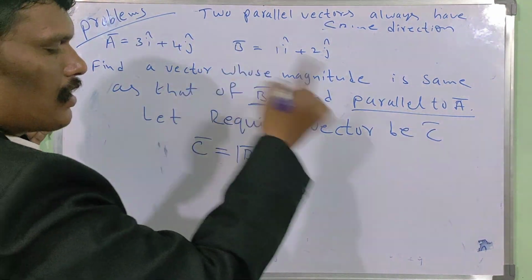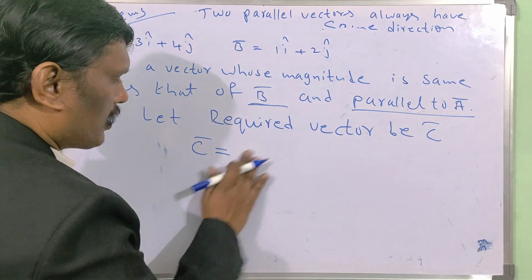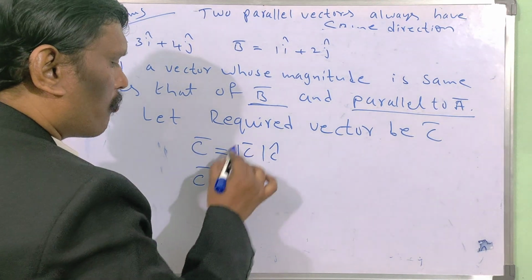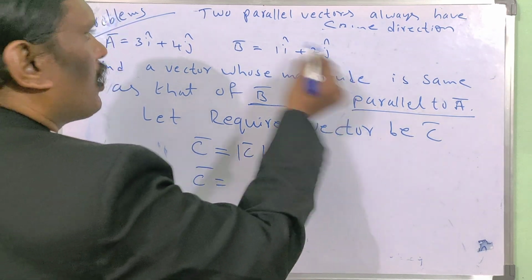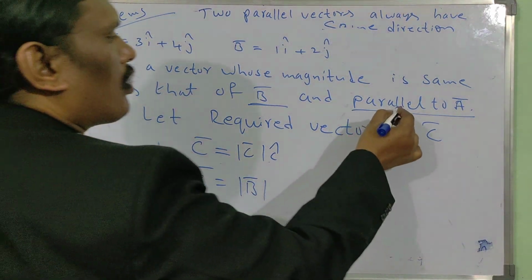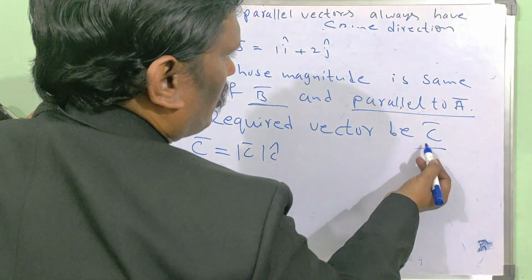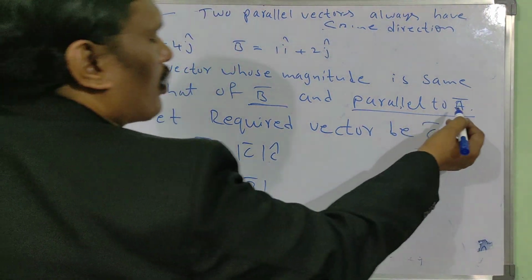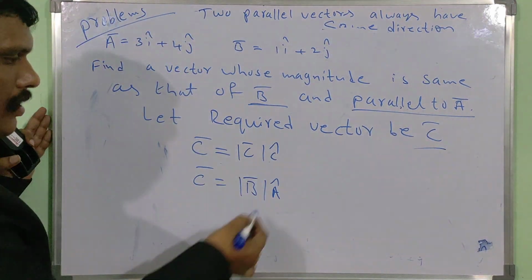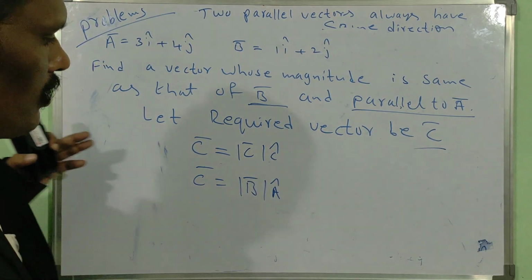That means the A bar direction and C bar direction are the same. That's why, in place of C cap, I'm going to write A cap.